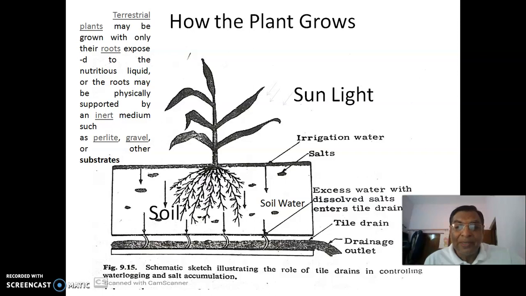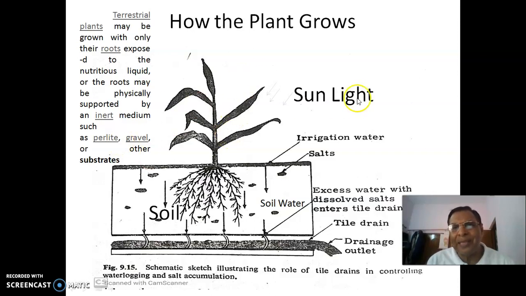What happens when adding fertilizers is that they are simply added to the soil water, and then the plant takes them up. Otherwise the soil is an inert medium, like gravel, perlite, and so on. Now in hydroponics, we don't require any soil.